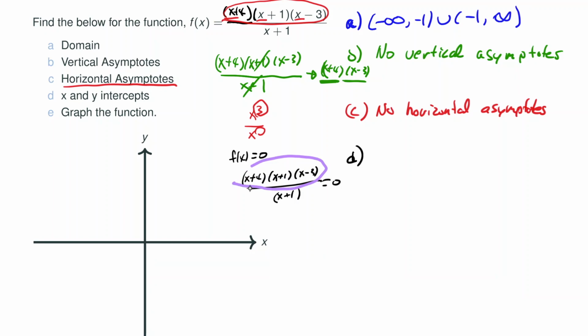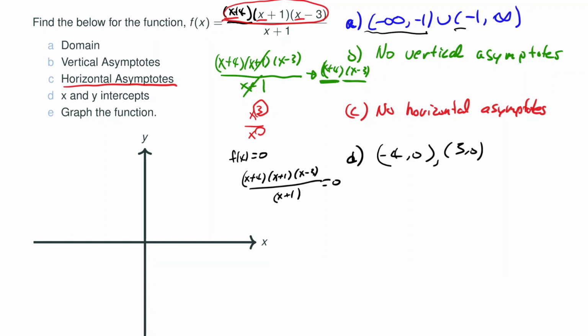When the fraction is. So we have negative 4, negative 1, 3. But negative 1 is not in the domain, right? Like right here. So the only x-intercepts are negative 4, comma 0, and positive 3, comma 0.